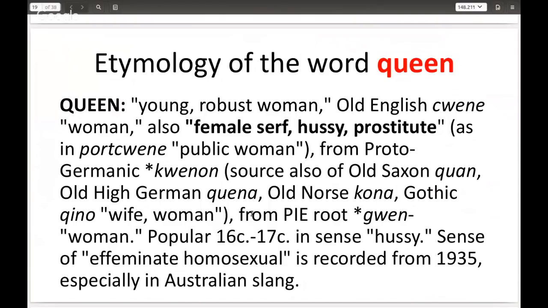Remember, the word woman means in many respects a female servant. So a serf is a servant, probably from the same root. A hussy, a prostitute. So remember, we got the word bitch for wife, and so a queen essentially is a prostitute, a servant. And so that lets you know the relationship between a queen and a king.